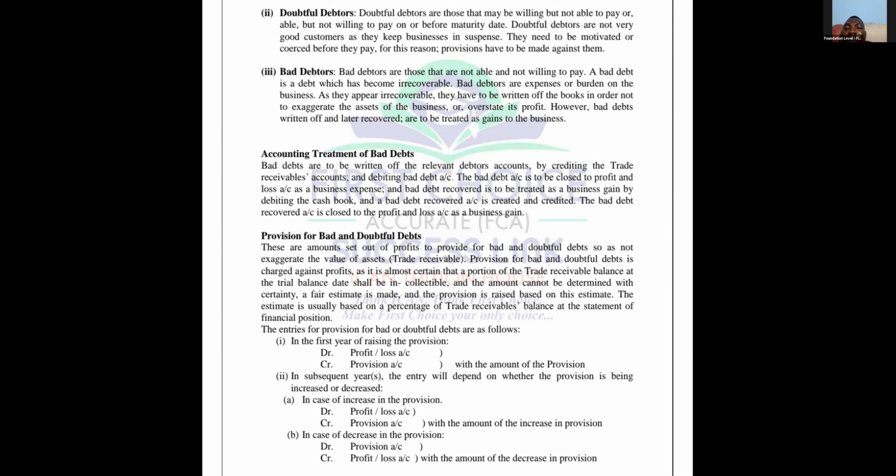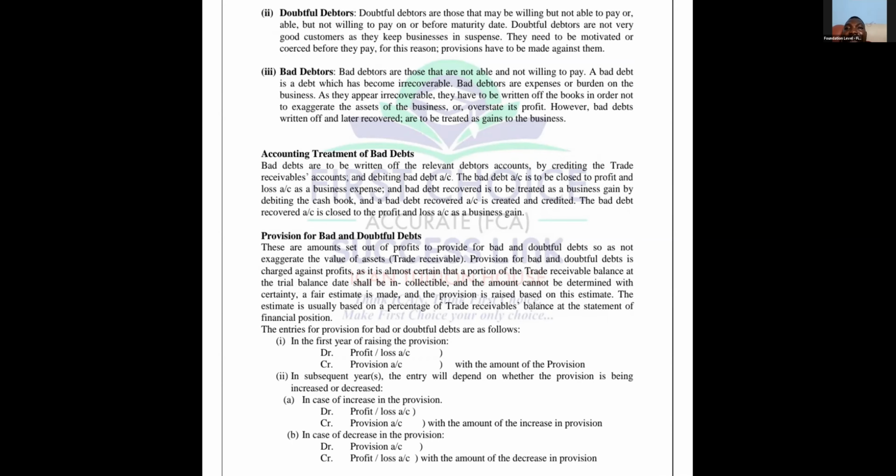So I can decide to make that 1,000 my provision. I will temporarily reduce the amount I'm expecting outside. It's a temporary reduction.